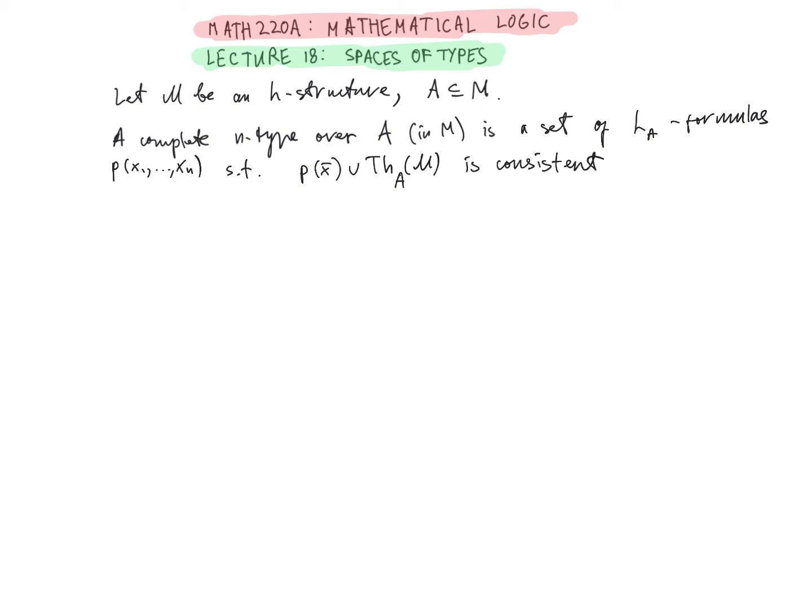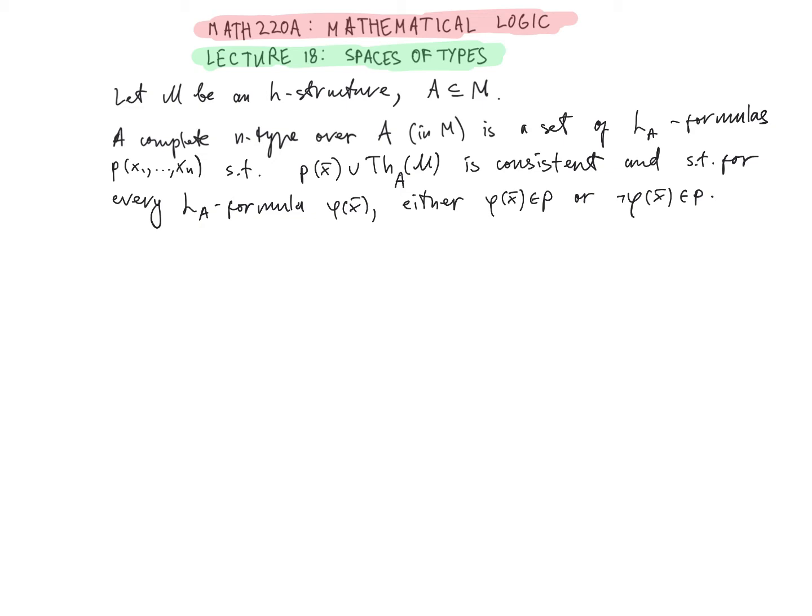So this just tells us that p(x bar) is a type, and moreover, such that for every formula with parameters from A, phi(x bar), with x bar a tuple of the same variables x1 through xn, we have that either phi(x bar) is in p or the negation of phi(x bar) is in p.